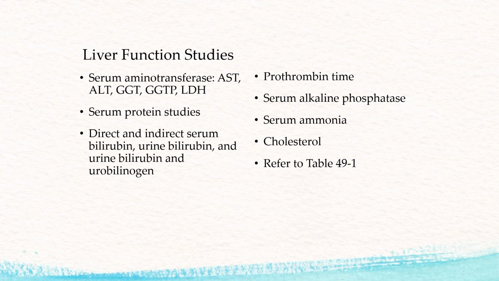We'll do serum protein studies, and bilirubin. A lot of times you will see it increased when you start seeing patients with jaundice. The prothrombin time will determine your bleeding time. And if you refer to table 49.1, you can get into more detail about each of these lab functions.